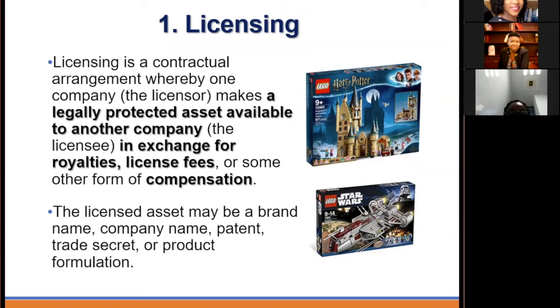This protected asset that is often made available to the licensee could be perhaps a brand name, a company name, a patent, some kind of trade secret, or a product formulation, which the manufacturer in the foreign market may not have access to on their own. So they will have to rely on that of the licensor to be able to manufacture and sell this product or service in this market.